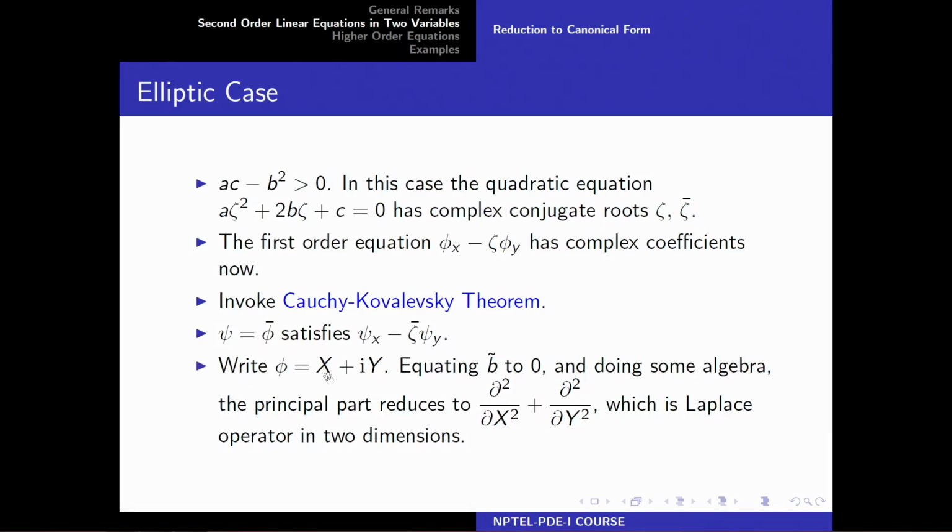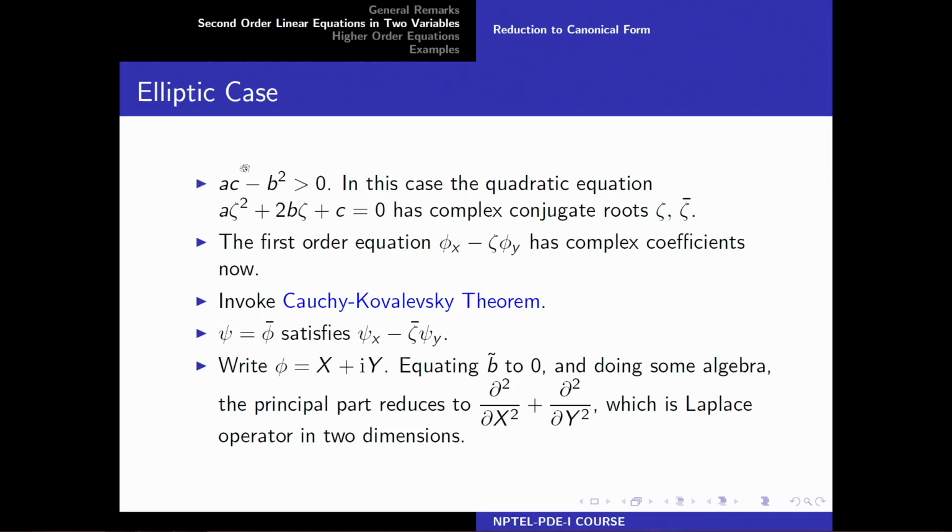So, X and Y are our new variables and they are real variables. The important thing is that we should get this phi satisfying the first order equation, namely phi x minus zeta phi y is 0, and that is the tricky part.